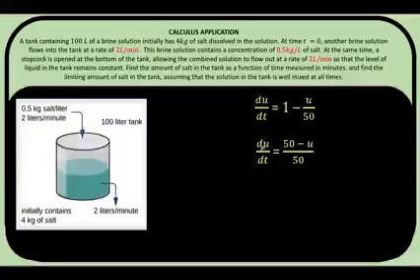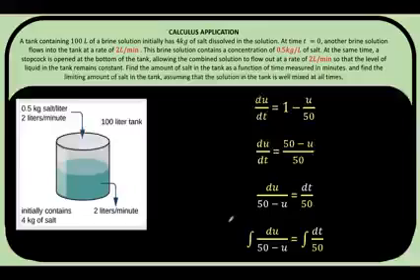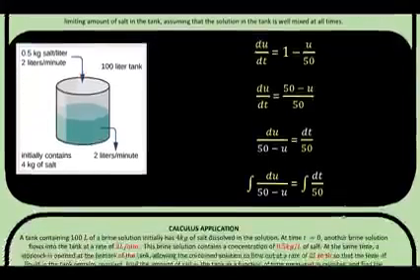So instead of thinking of d over dt as an operation on the variable u, we now think of du over dt as a fraction, and therefore multiplying both sides by dt over 50 minus u, we arrive at this equation. And then we can now take the antiderivative of both sides to arrive at this equation. Let's go to the next page and solve this equation.